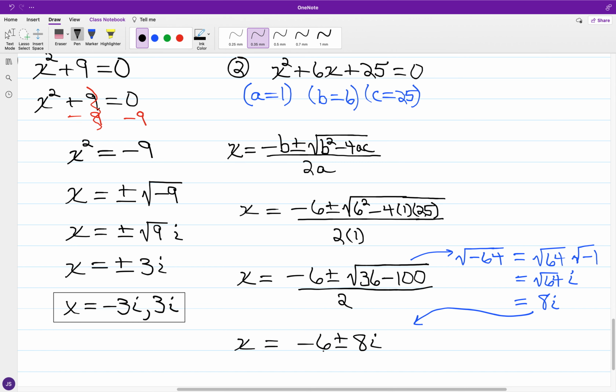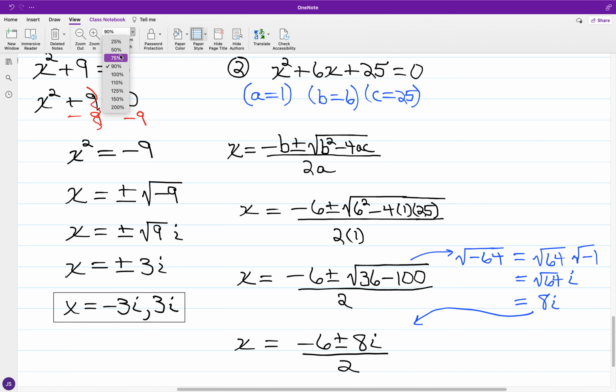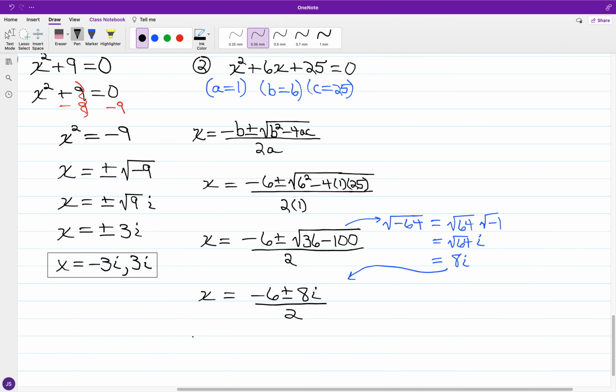Okay, so we have negative 6 plus or minus 8i all over 2. Upon branching out, we have negative 6 over 2, and we have 8i over 2.